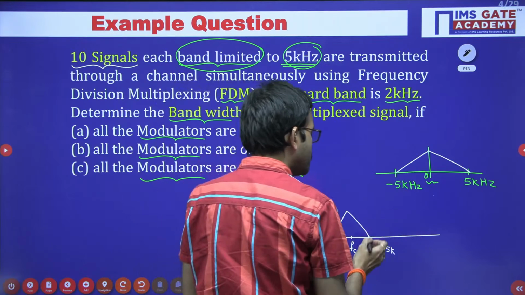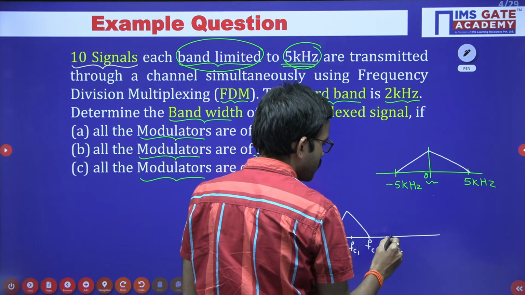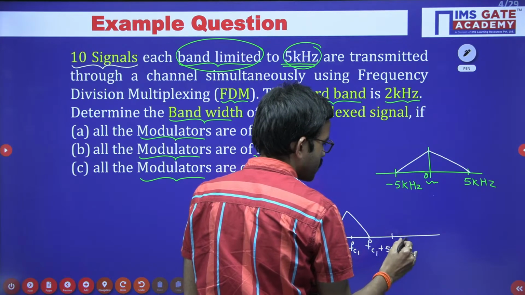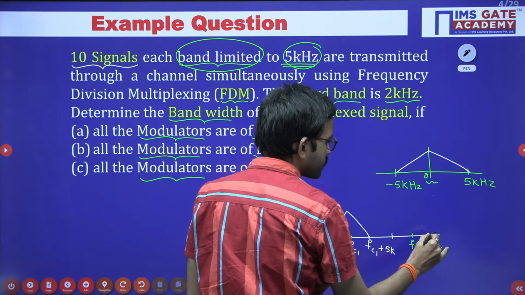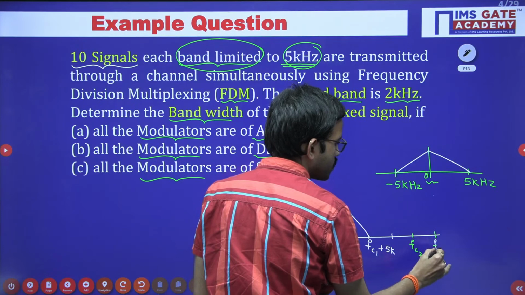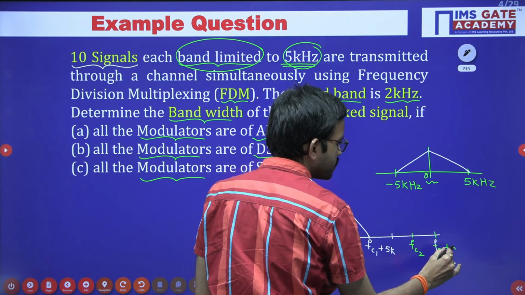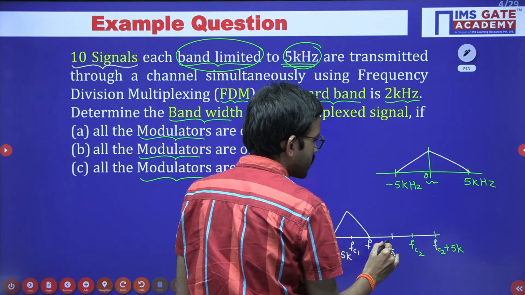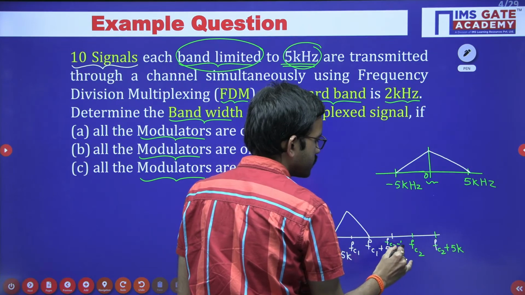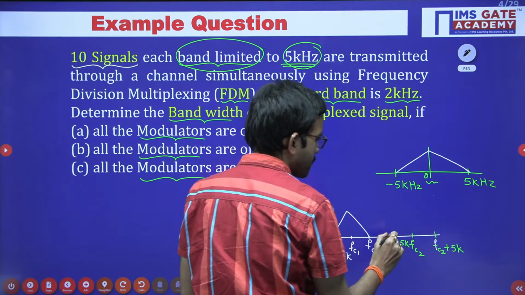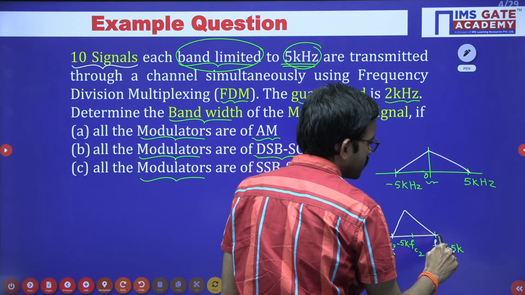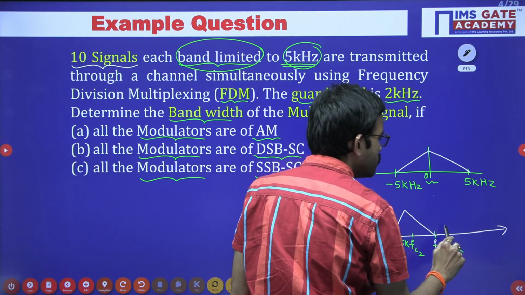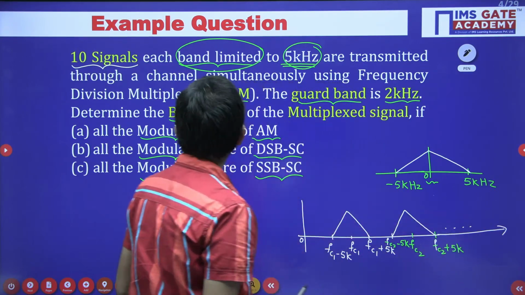Like that, another spectrum I am considering, say centered around FC2. So FC2 plus 5K, FC2 minus 5K. Like this you can consider 10 signals in this particular example.